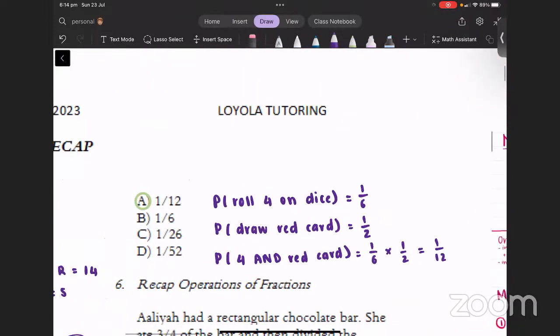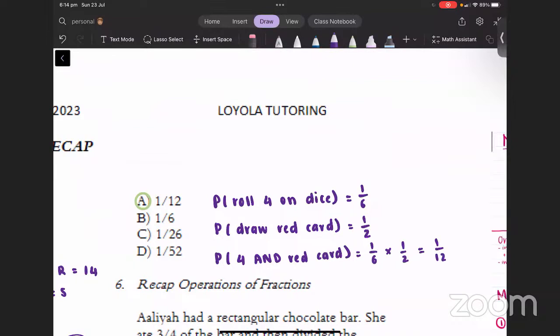For this question, we're first going to find out what's the probability of rolling 4 on a die. Because there's only one 4 on a die and there are 6 faces, the probability is 1/6. And then the probability of drawing a red card is going to be 1/2 because half the cards are red and the other half are black.